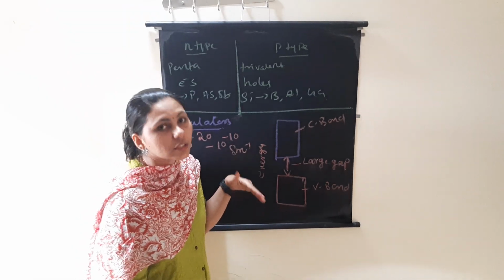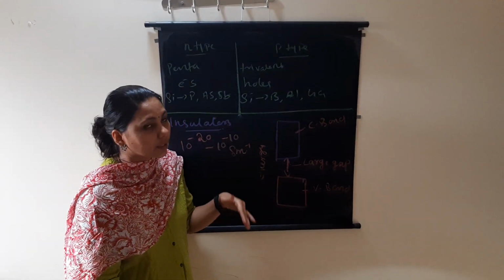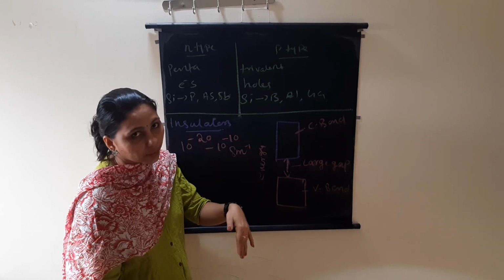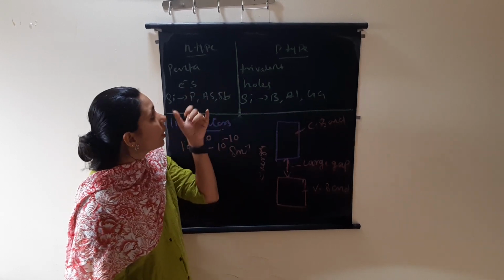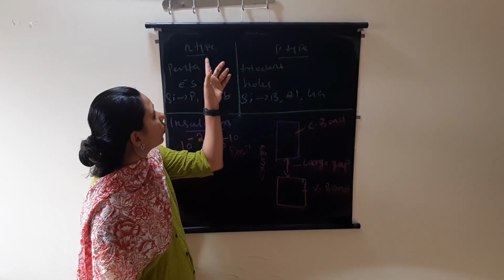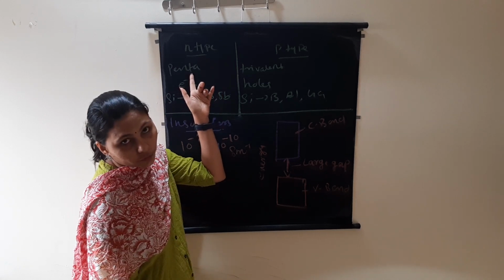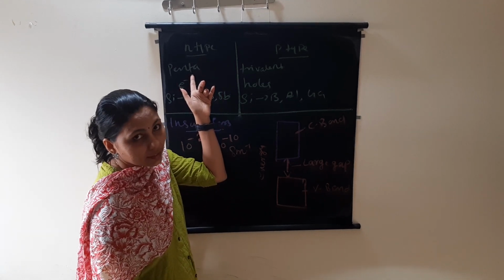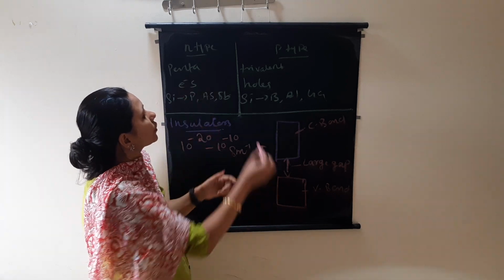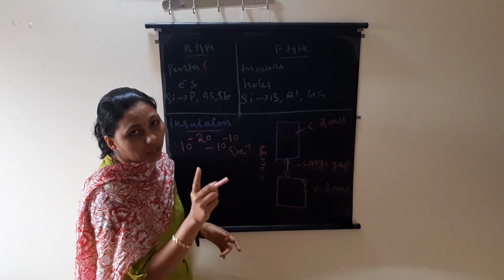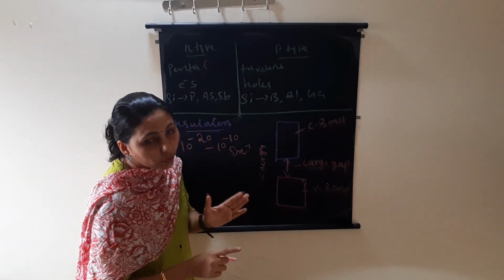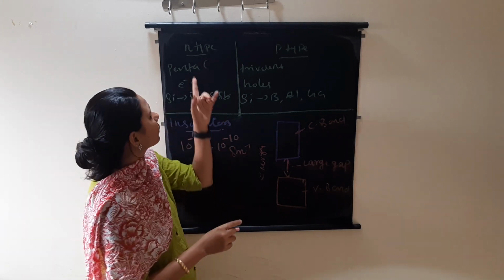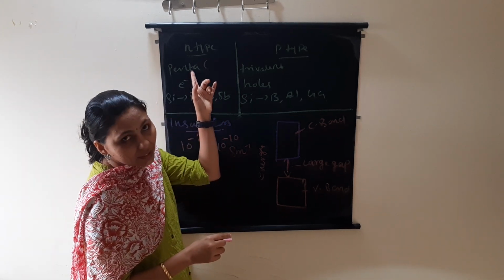Next is the difference between N-type and P-type semiconductors. I already explained; just three differences you have to know. First, in N-type we dope with phosphorus, which is a higher valence element, generally known as pentavalent. Phosphorus has a valency of 5, that is why it is doped with pentavalent atoms.